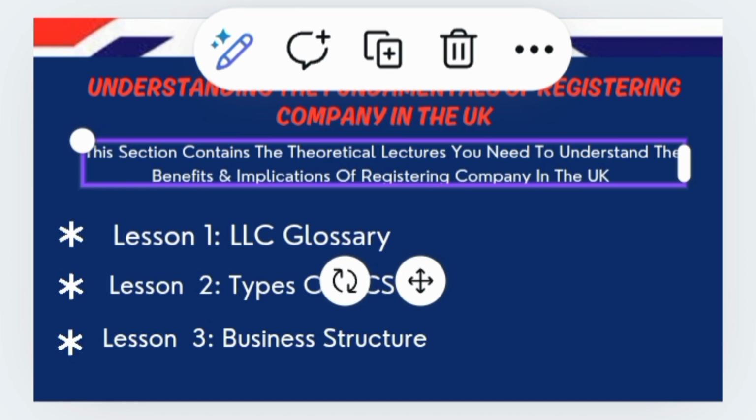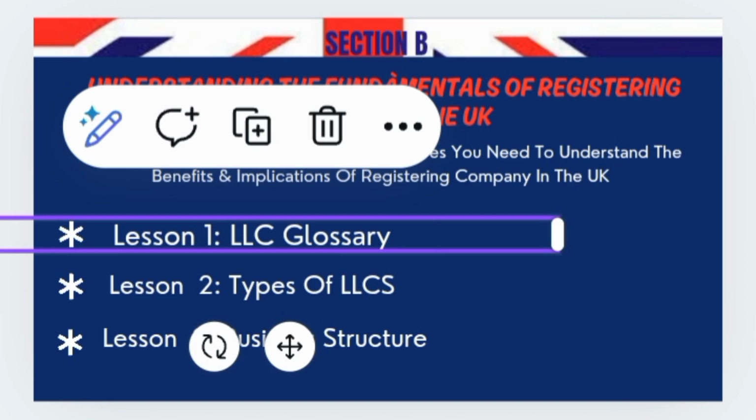Lesson 1, LLC glossary. Remember, glossary means terminologies. In section A, we looked at the glossary for the US. Now we're looking at the glossary for the UK, meaning the terminologies associated with registering companies in the UK, because the terminologies are not the same for both continents.